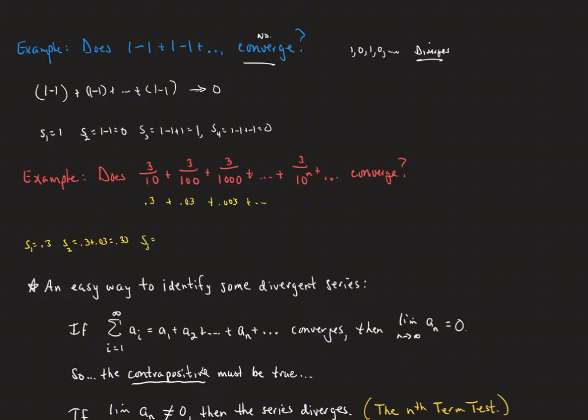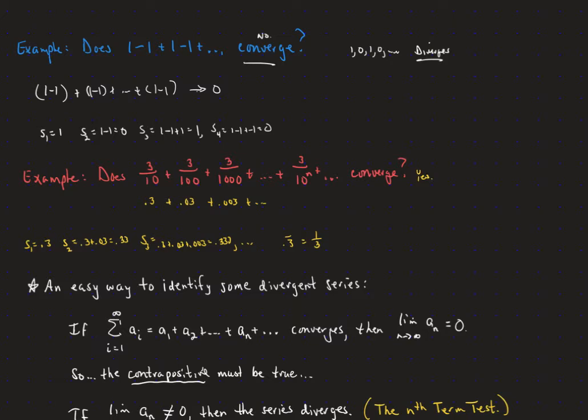And the third partial sum, the sum of the first three terms, is going to be 0.333. I think you can see where we're going here. This is going to get closer and closer to 0.3 repeating, which we know is 1/3. So does it converge? Yes, it converges to 1/3.